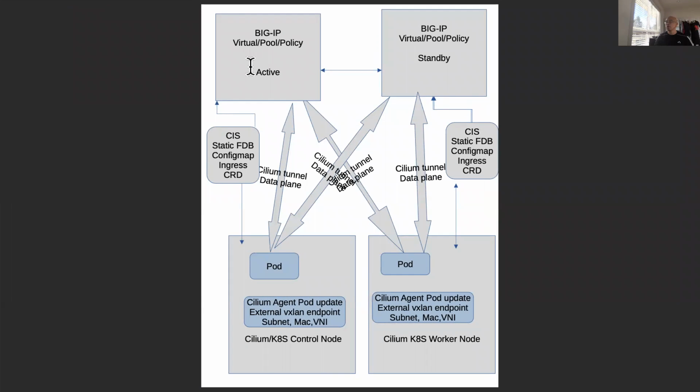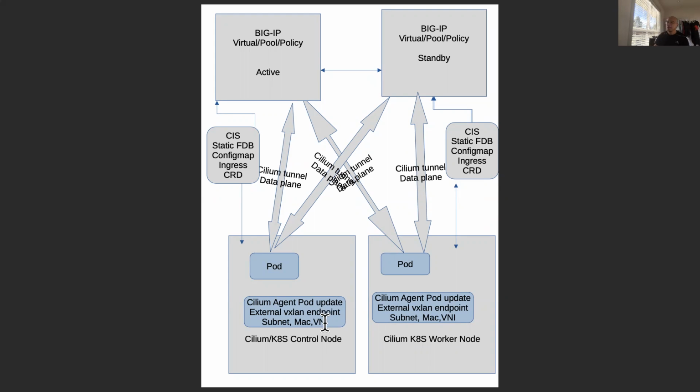So we achieved the active standby scenario. We also achieved less traffic interruption in case one of your Kubernetes nodes or a Cilium agent pod crashed or restarted for some reason. We don't need to manually run the bash script to update the BPF tunnel map.